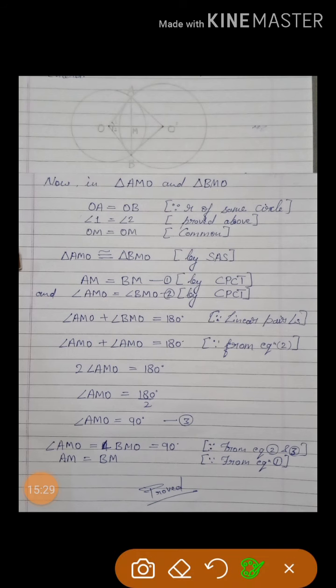Now angle AMO plus angle AMO means 2 angle AMO. So divide 180 by 2, and angle AMO is equal to 90 degrees. This is equation number 3. So from equation number 2 and equation number 3, angle AMO and angle BMO are equal, and AMO we have proved 90 degrees.